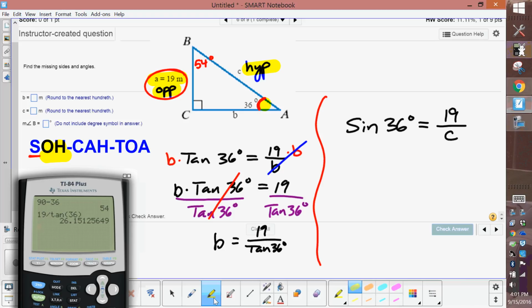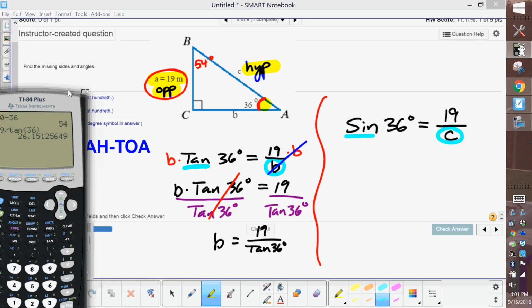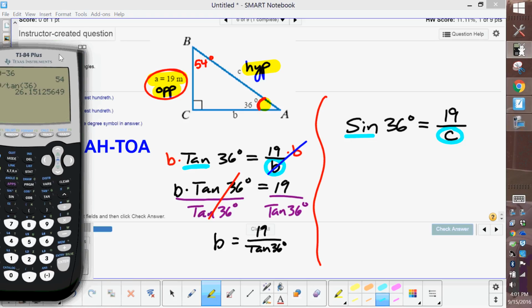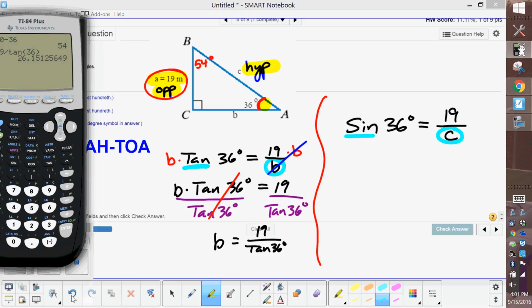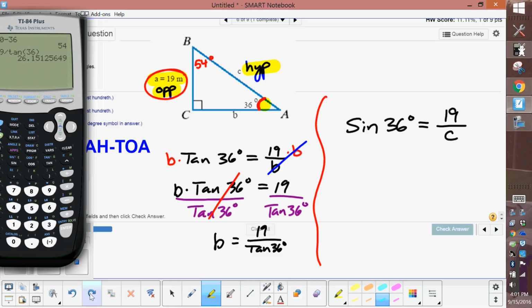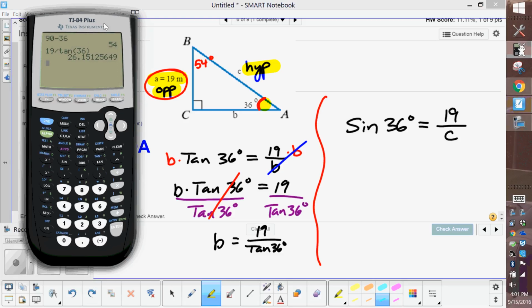The only difference is over here I started with b and now I have c. And then last time I had tangent and this time I have sine, which makes a big difference mathematically.